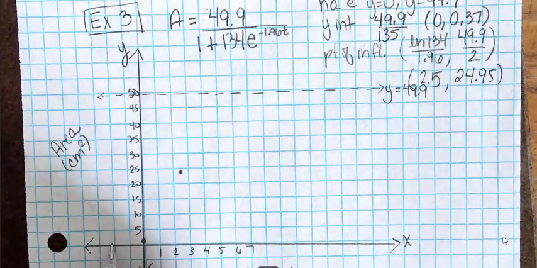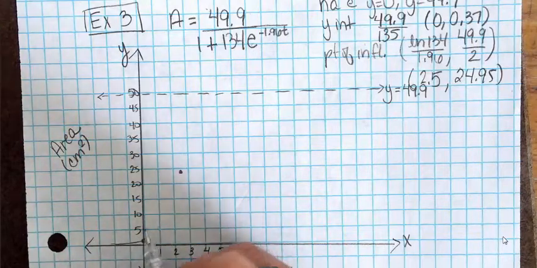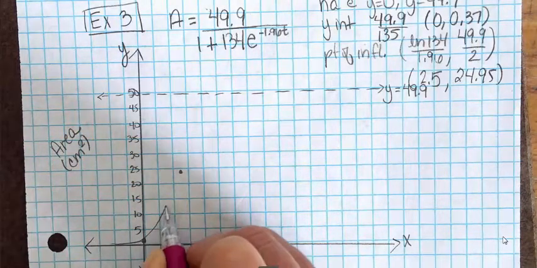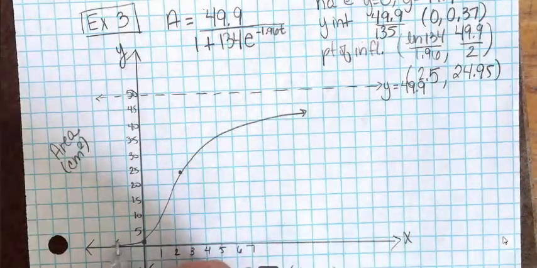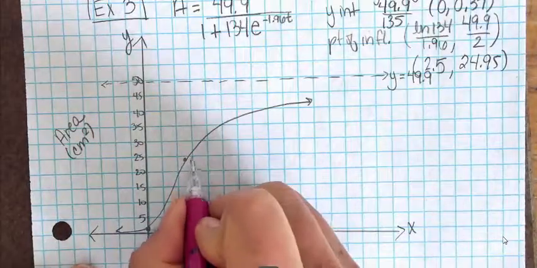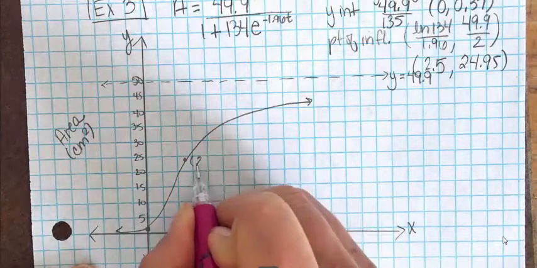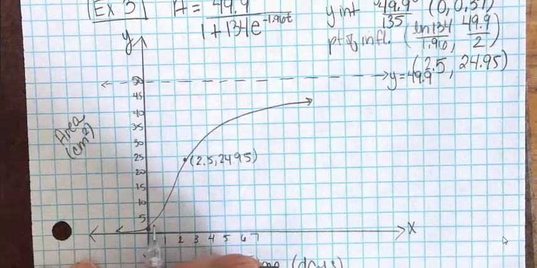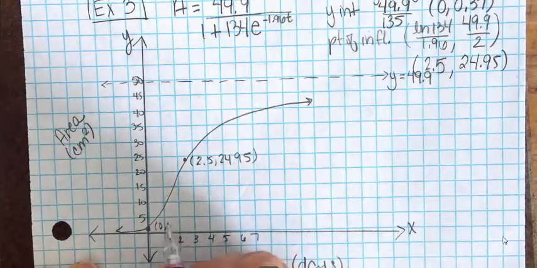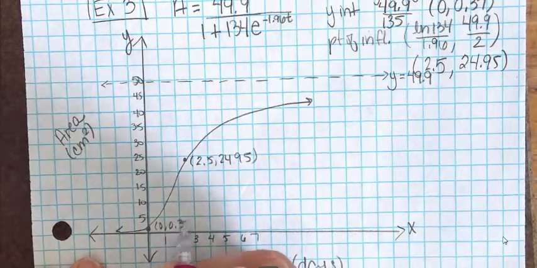So I know that I should be going close to the y-axis, coming up, and then this is going to be my point of inflection. So something like that. And I'll go ahead and label my point of inflection as 2.5, 24.95. And this is not so obvious either, so I'm going to go ahead and label my y-intercept.